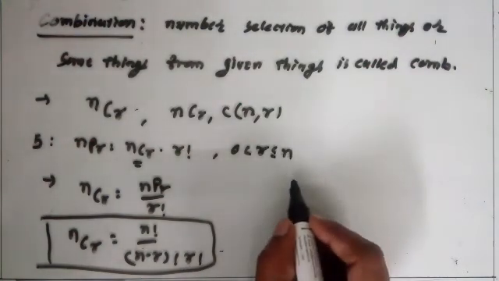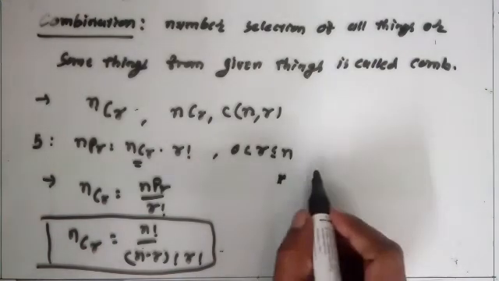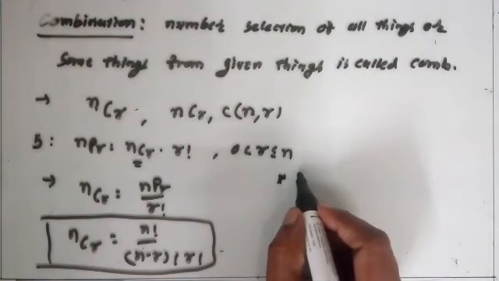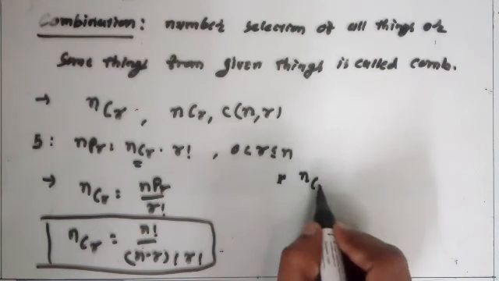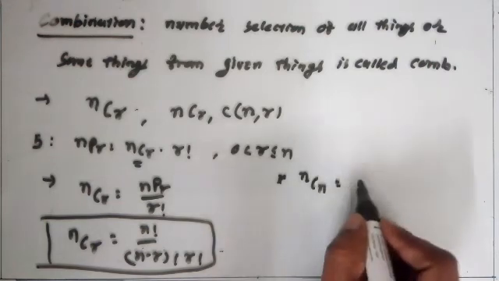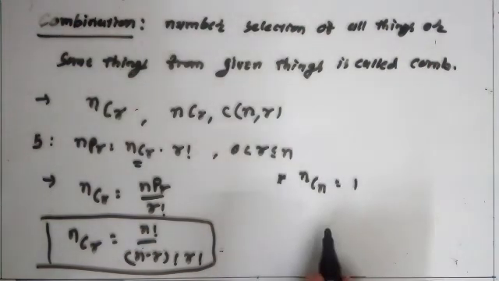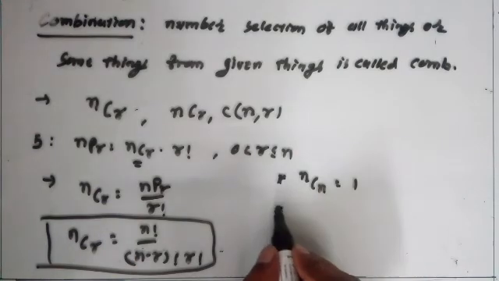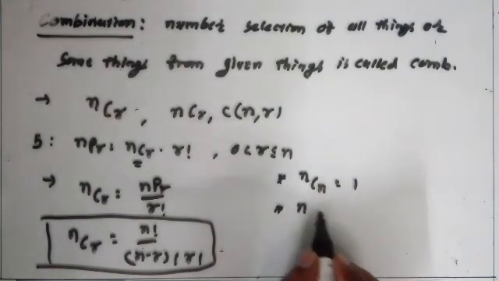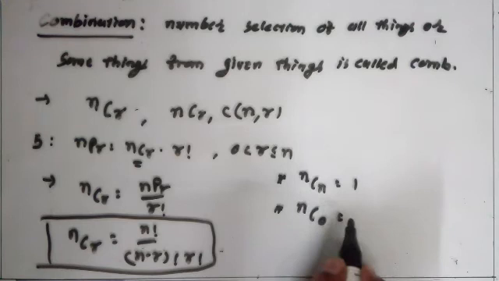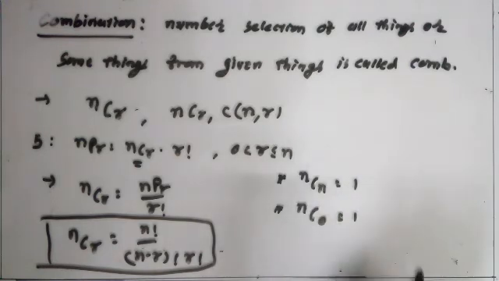Now important notes, remember this: selection of n things out of n things is equal to 1. Next, selection of 0 things out of given n things is also equal to 1. Clear?